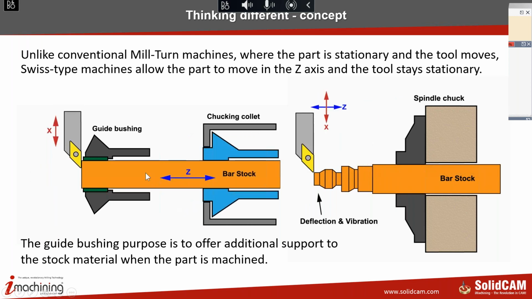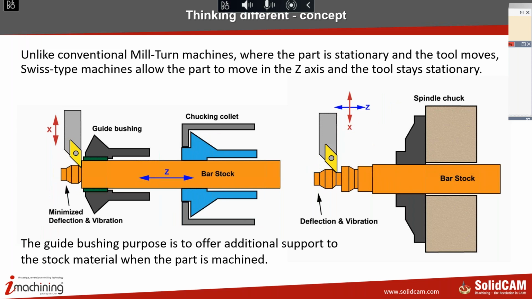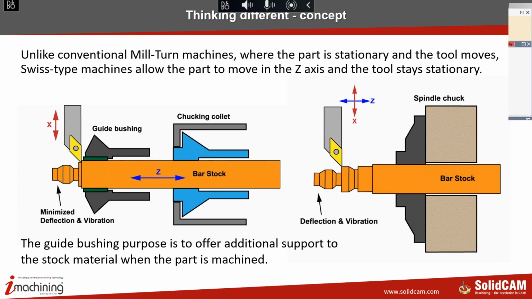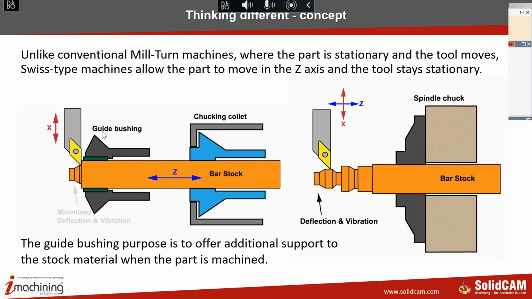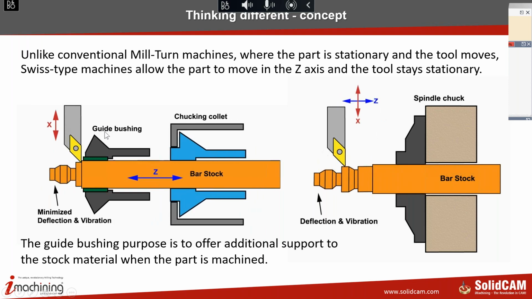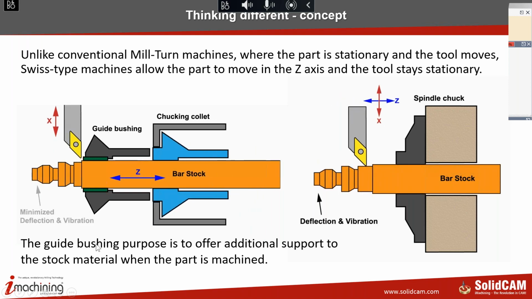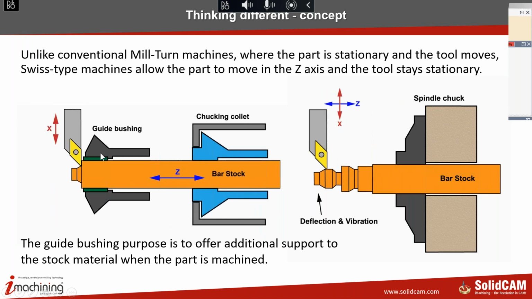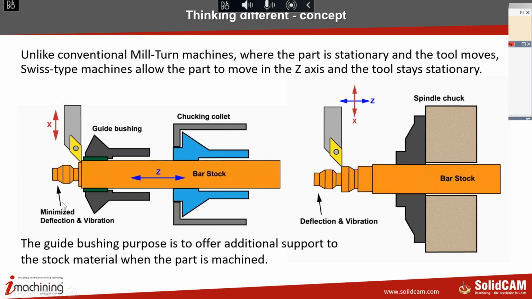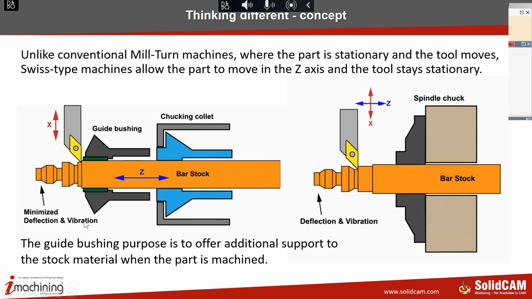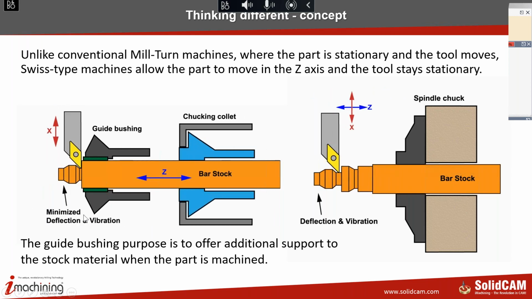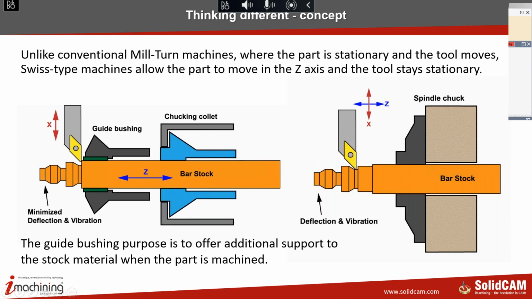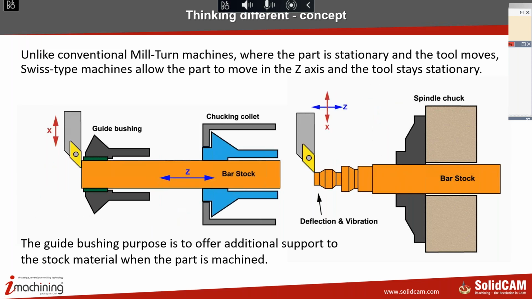In order to have better stability, it uses the guide bush, which offers additional support to the stock material, so the deflection and the vibration are minimized. This is the main concept that all Swiss type machines have if they use the guide bush.